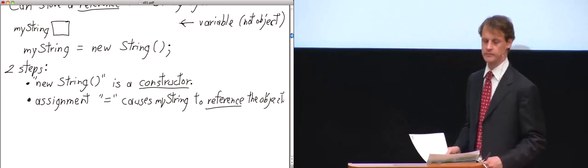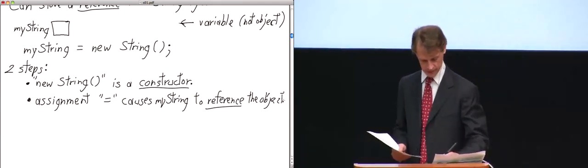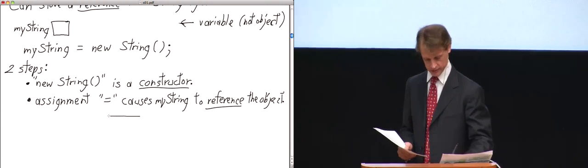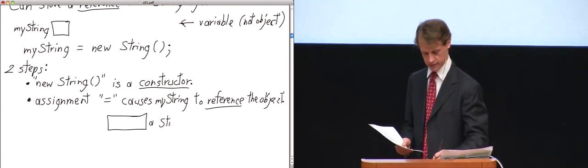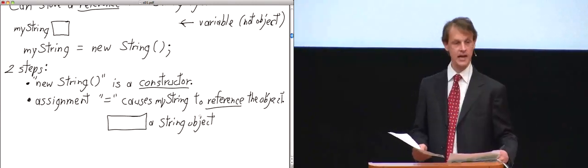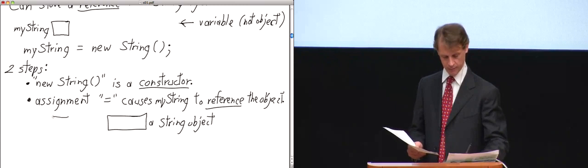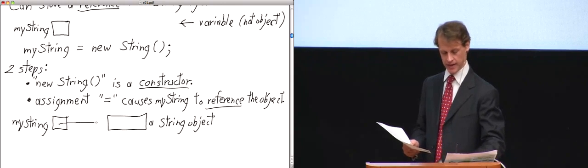So the constructor essentially creates this empty string object. And then the assignment takes a reference to that object and stores it in the box called myString.